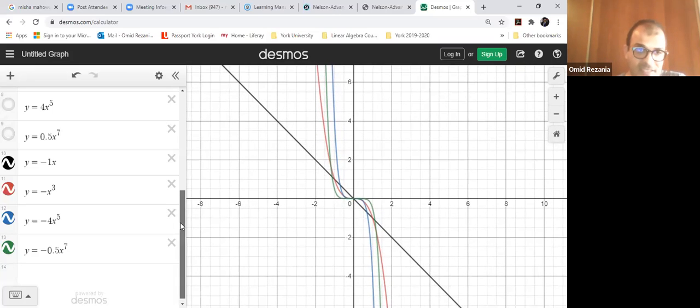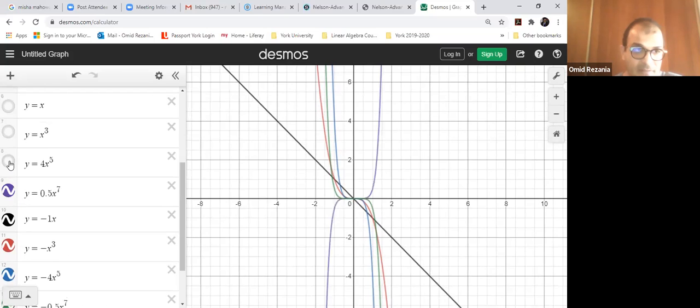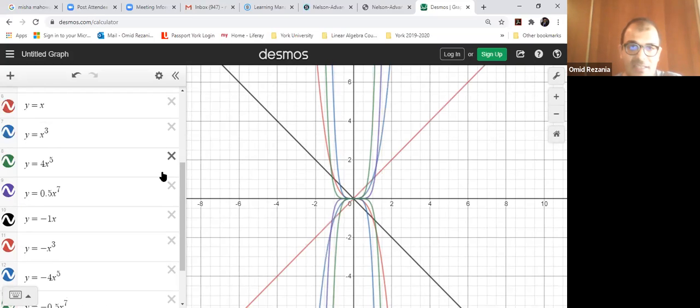Compared to the positive ones, which I'm going to plot right now, you see the positive leading coefficients all occupy the first and the third quadrants, but the negative leading coefficients occupy the second and the fourth quadrants of the Cartesian plane. Everyone sees that? Does it make sense?